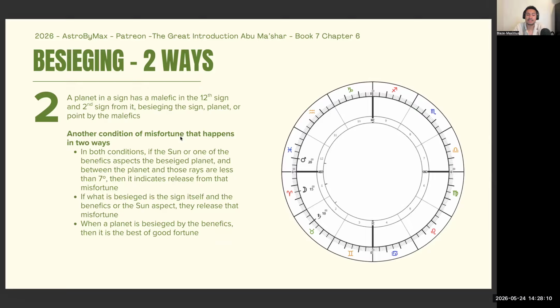And when a planet is besieged by the benefics, then it is the best of good fortune that can happen. So again, besieging doesn't just happen for the malefics. We actually just saw one earlier this spring where Mercury was besieged. It went between Mars and Saturn earlier this year, a few weeks ago, I think. But if there's a besiegement between the benefic planets, you can say it's the utmost good fortune there.